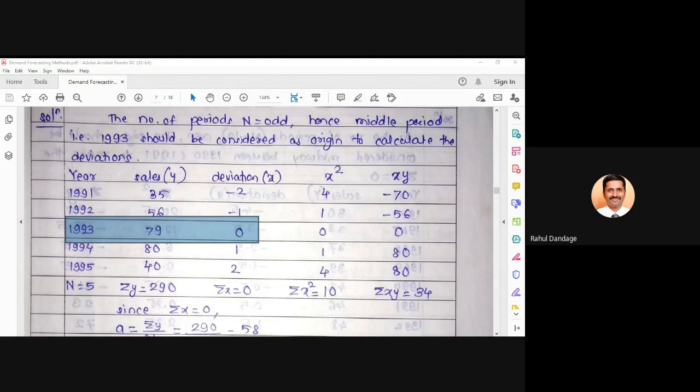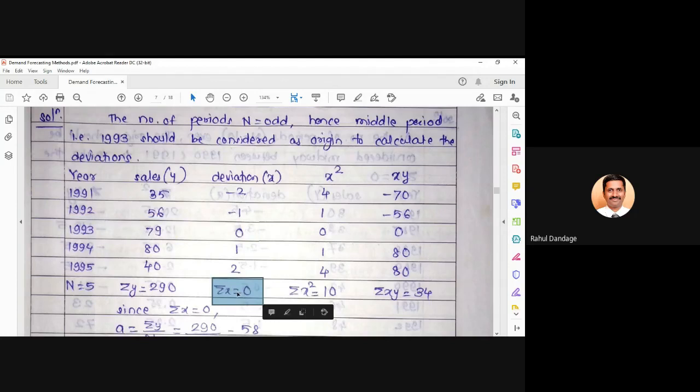So considering the middle period as your origin, and then finding out the deviation for other periods from the origin, we have minus 2, minus 1. This is 0, which is the origin already considered. So we start with this middle value and then go backward, go forward. Then 1, 2. So we are checking that the value of summation x becomes equal to 0.